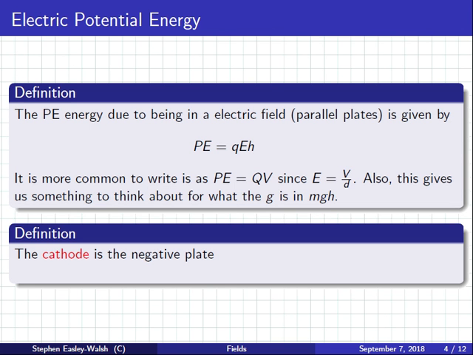Maybe because that's where the cations go. And an anode is the positive plate. You got that vocabulary? Yeah. Okay.